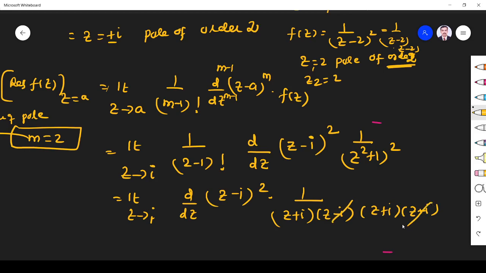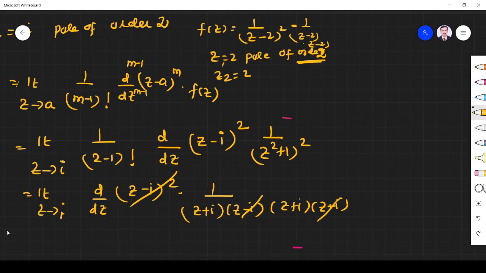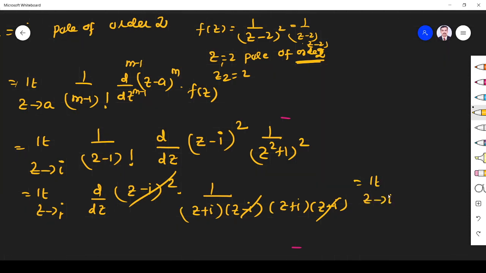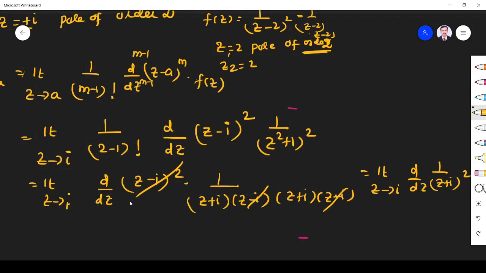So (z minus i) whole square cancels. Fine. So this is equal to limit z tends to i, d by dz of 1 by (z plus i) whole square.